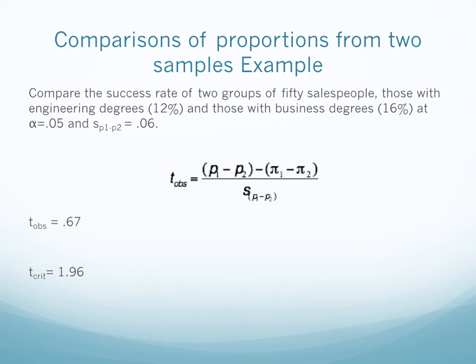It is statistically difficult to demonstrate differences in proportions because, well, in this case we don't have very large samples, but typically one needs fairly large differences in proportions to see a statistically significant effect.